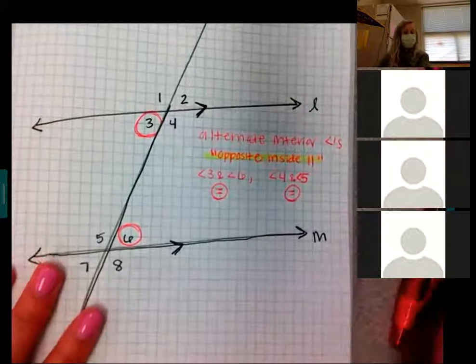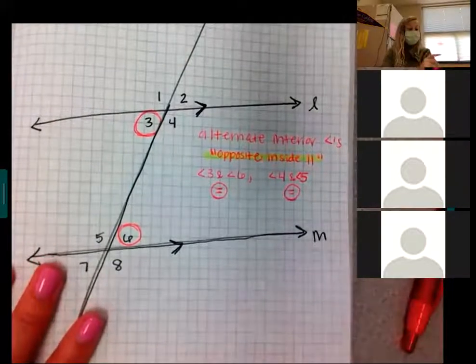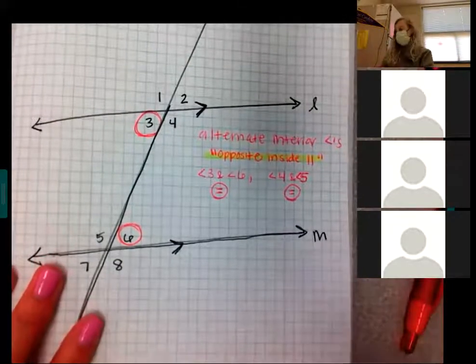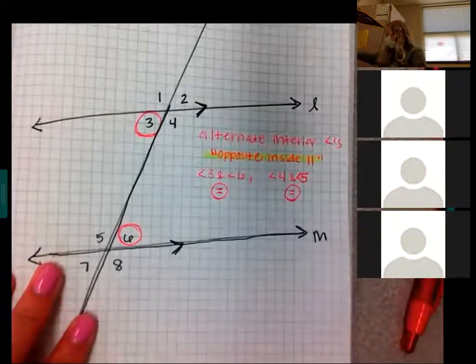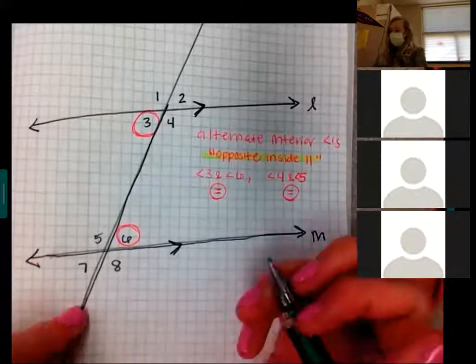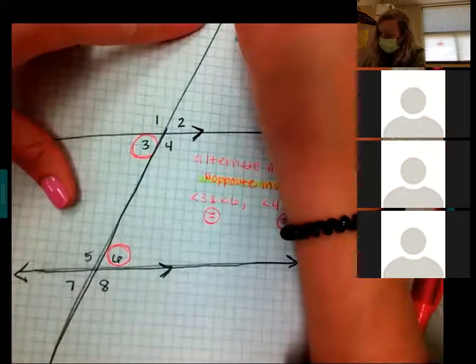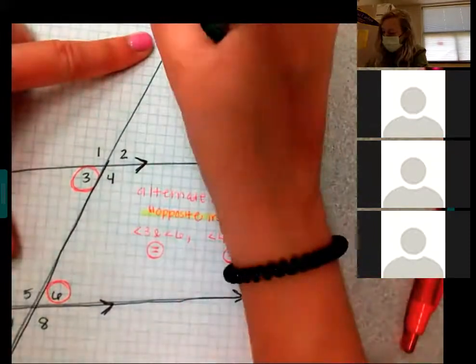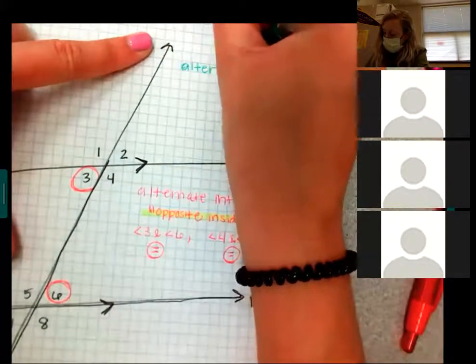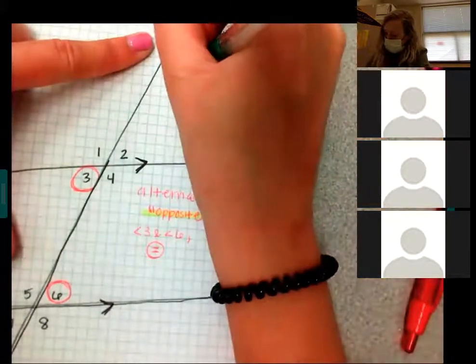Guess what? You can also have alternate exterior. Pick a different color. We're going to write this one up here. Make sure y'all can see it. So you can also have alternate exterior angles.